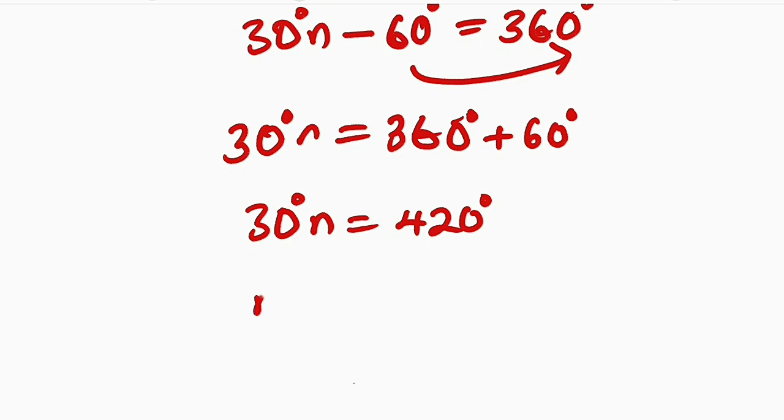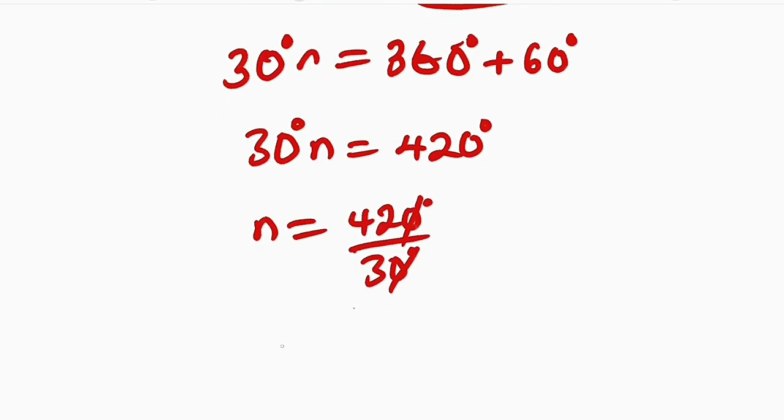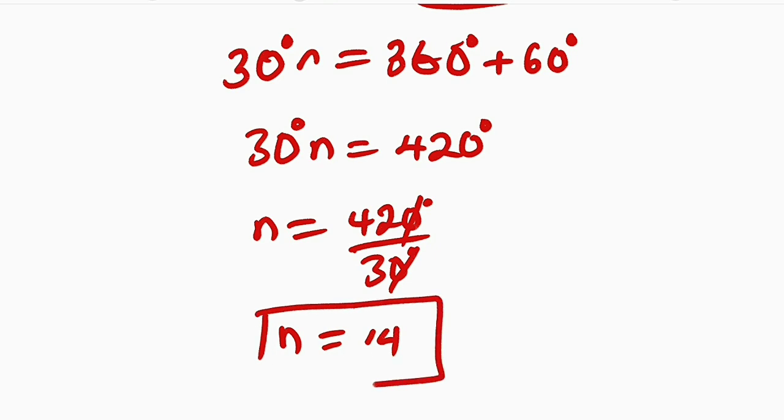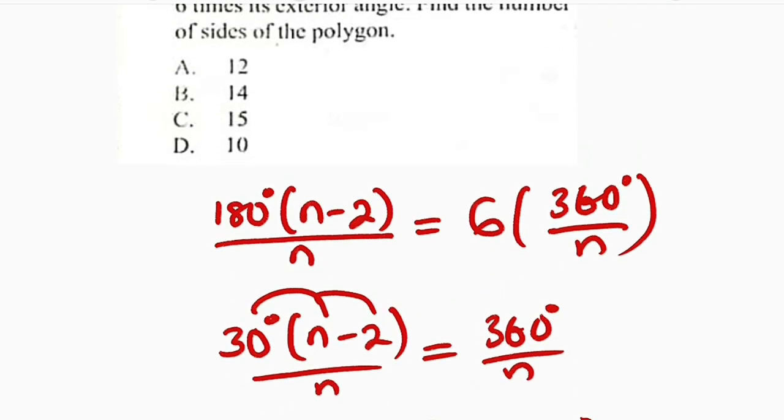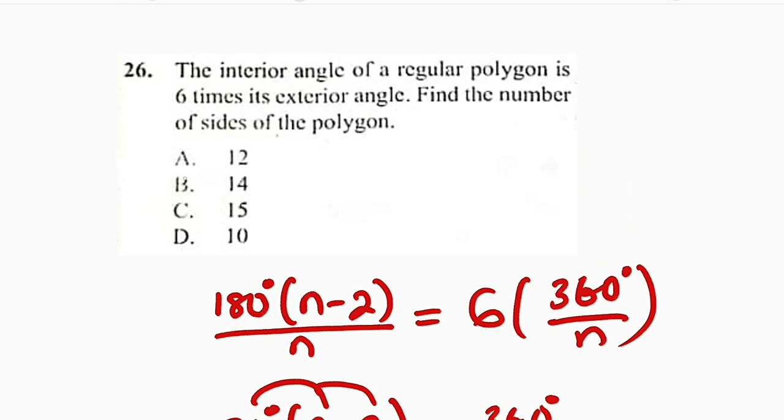Divide both sides by 30, n equal to 420 divided by 30. Zeros will cancel, and 42 divided by 3 is 14, and hence n is equal to 14. So it means that that particular regular polygon has 14 sides. Let's check the option. We have it as option B.